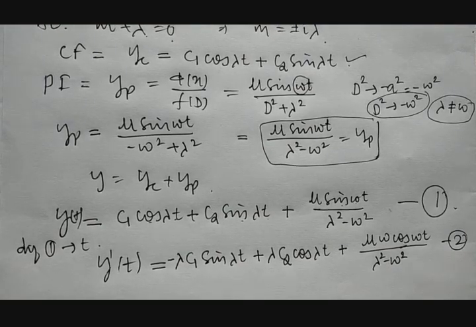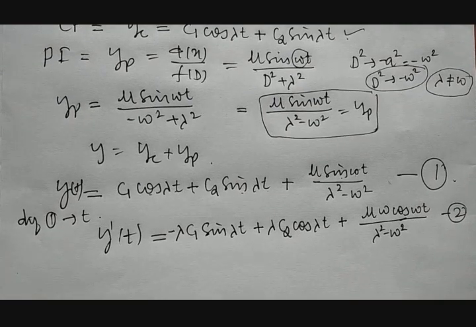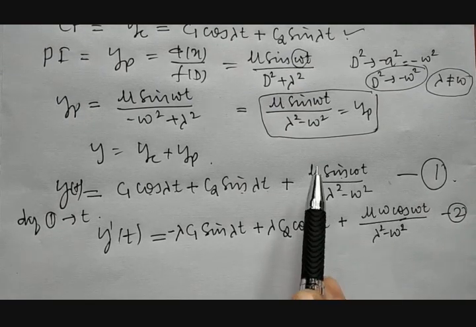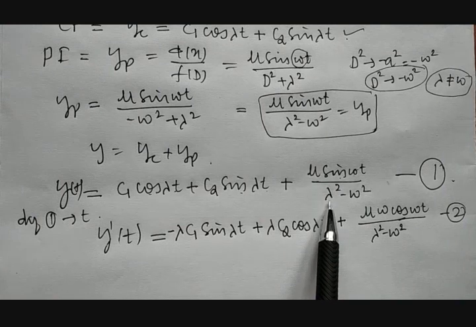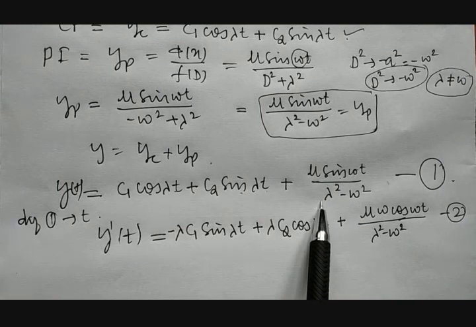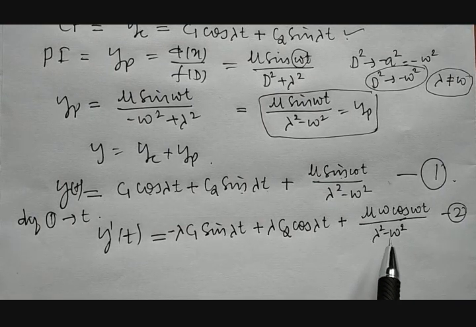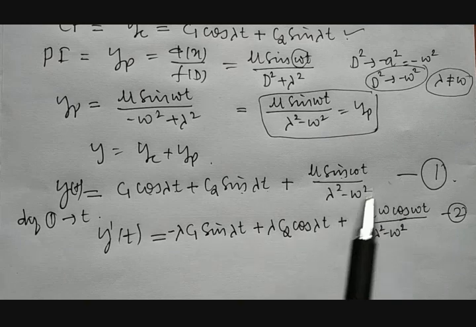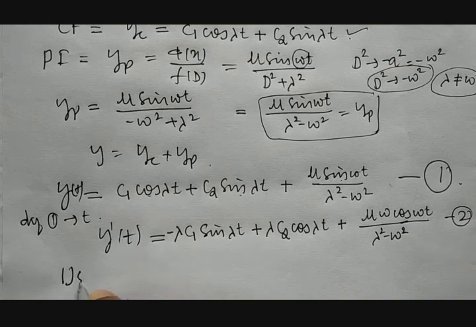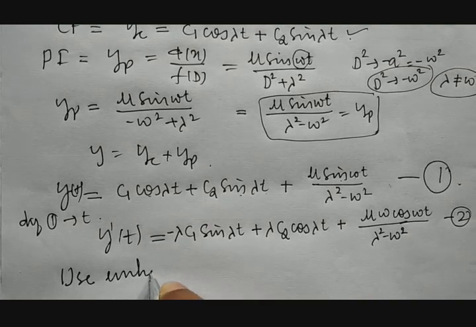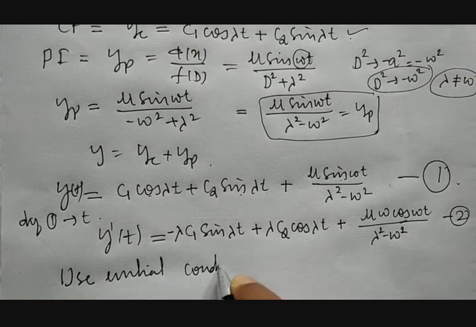Don't get into confusion. Mu divided by lambda square minus omega square are constants kept as it is. Only we differentiated sine omega t. Then again use given initial conditions properly.